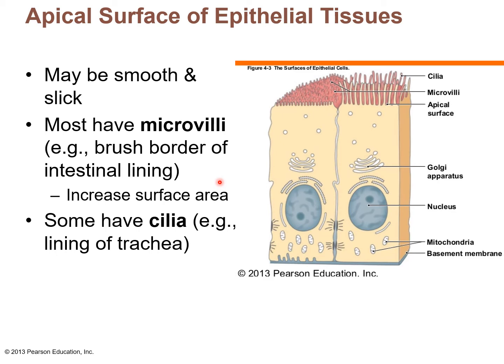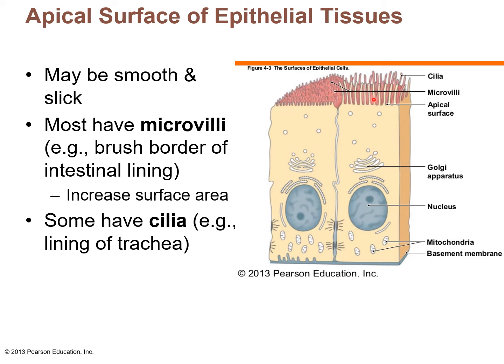So therefore, it would make sense that the apical surface of your intestinal tissue is going to have microvilli to allow for more absorption of the nutrients. But you're not going to have microvilli, for example, on the apical surface of your skin, because what would you want to absorb? Okay, so it's not going to be there, but it's going to be, for example, lining your intestines.